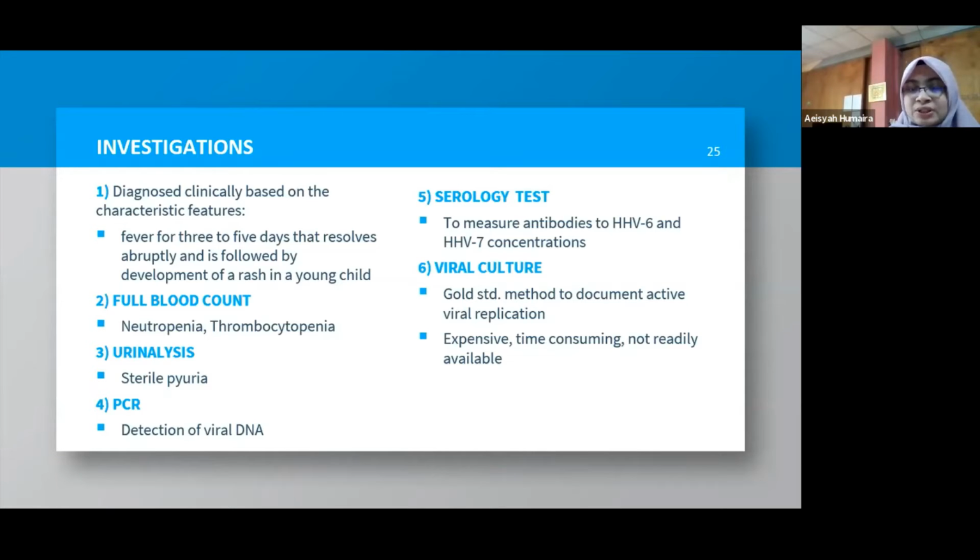And also viral culture. Viral culture is the gold standard method to document active viral replication. But viral culture is really expensive, time consuming, and not readily available. It is only available in research laboratories.